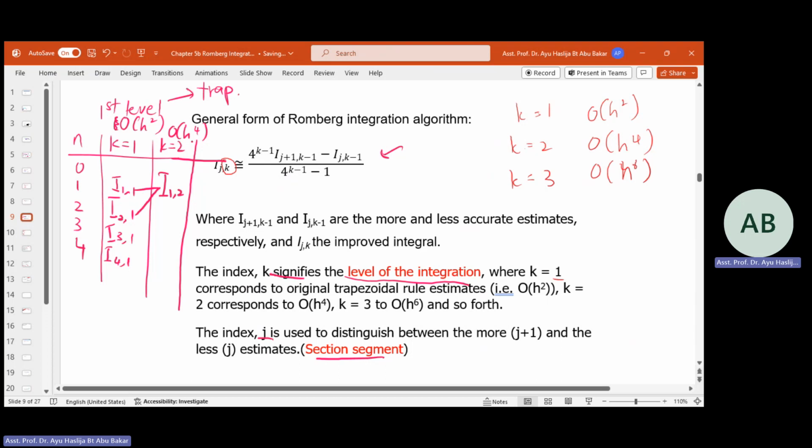This level 2, K2 and above, we use the Romberg equation. First level only we use the trapezoid equation.